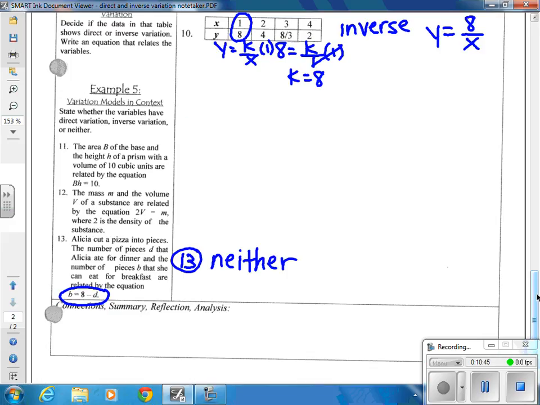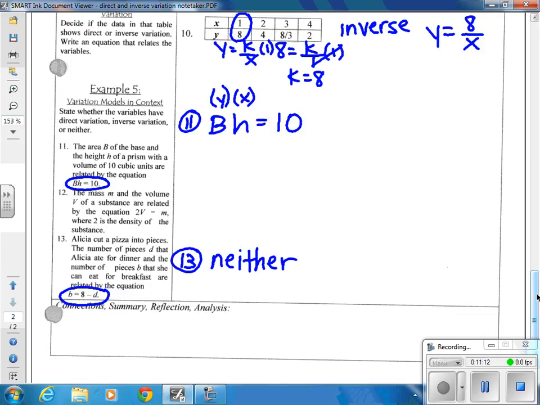In number 11, the formula they gave us for area of the base and height of a prism is BH equals 10. Obviously they want you to relate the two variables of area and height. So height is going to be my X value, and the area of the base is my Y value.